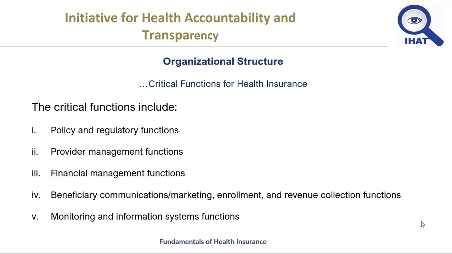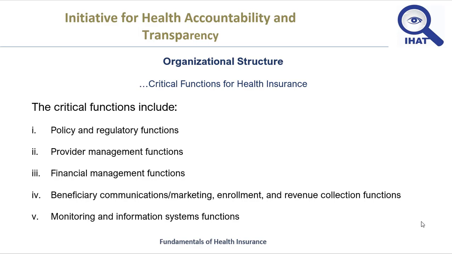It also sets quality standards for providers. The policy and regulatory functions also include setting standards for communications with beneficiaries and establishing financial regulations to ensure solvency and to protect consumers.